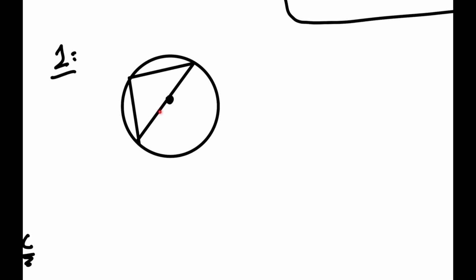So this angle here is always going to be a right angle if this goes through the center of the circle. That's the first rule.